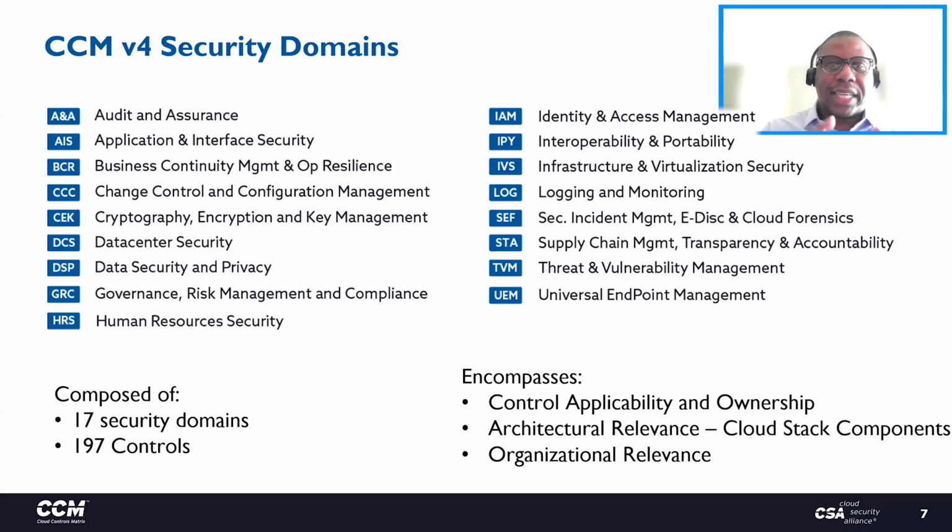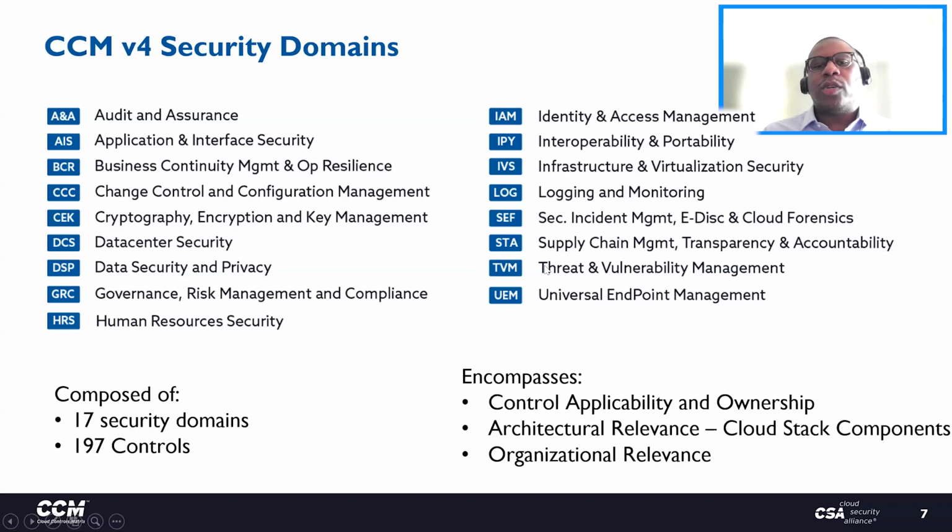Because everything is accessible through the internet. So that's your first control. Interoperability and portability, infrastructure and virtualization security, logging and monitoring, security incident management, e-discovery and cloud forensics, supply chain management, transparency and accountability, threat and vulnerability management, and last but not least, the one we're going to look at, Universal Endpoint Management. So let us dig deeper into Universal Endpoint Management.